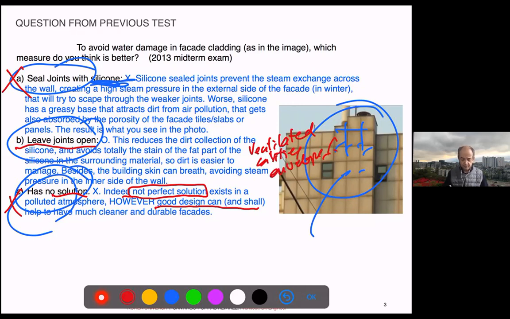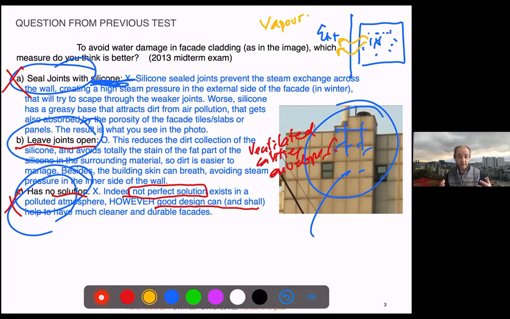Why? Because buildings have interior space and exterior space. There is a lot of steam inside, and the building is like our skin. It needs to breathe and let the vapor out of the building.